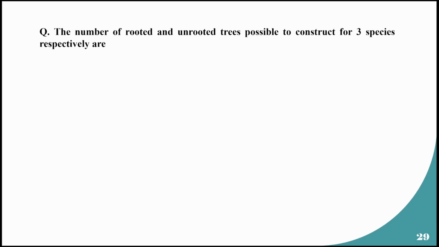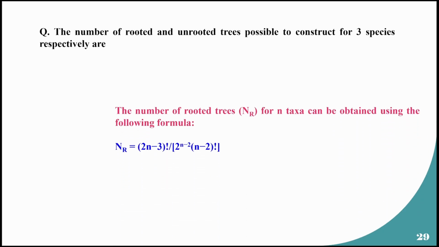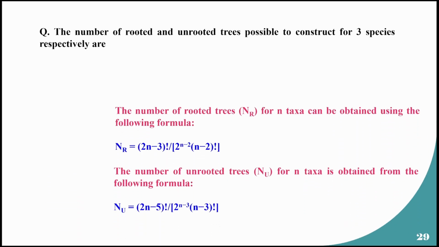So here, for example, in this question, they are asking the number of rooted and unrooted trees that is possible to construct for three species. So three species means three different sequences you have been given. Okay. And the particular formula for the calculation would be something like this. This is the number of rooted trees calculation.